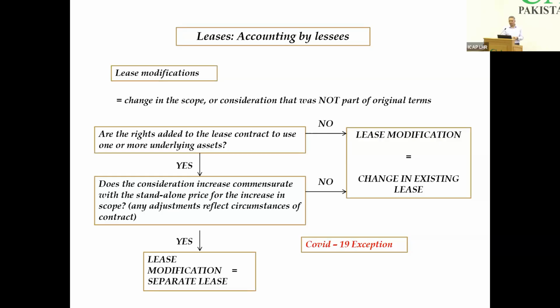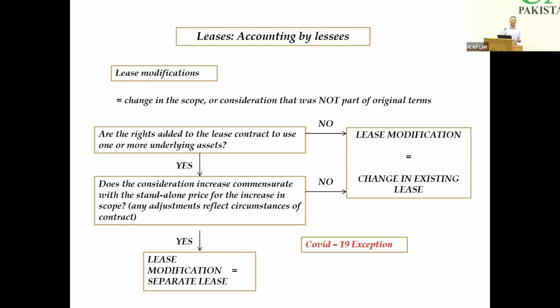If the answer is yes, does the consideration increase commensurate with the standalone selling price? The additional part, or the addition in scope, is also attracting an additional price which is based on standalone selling price. It's a market price now.